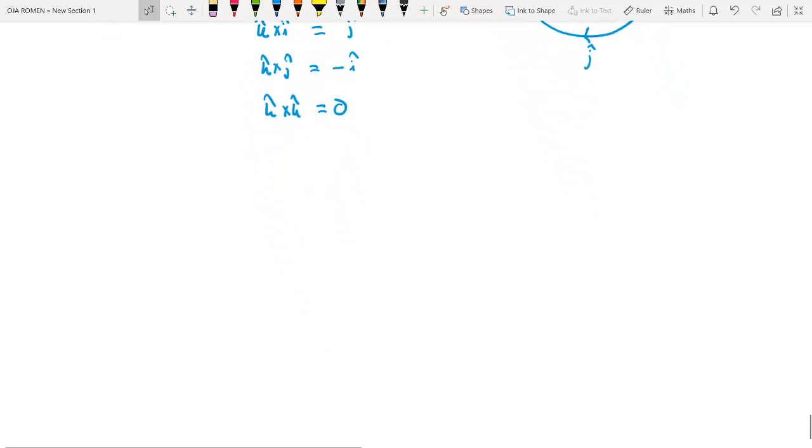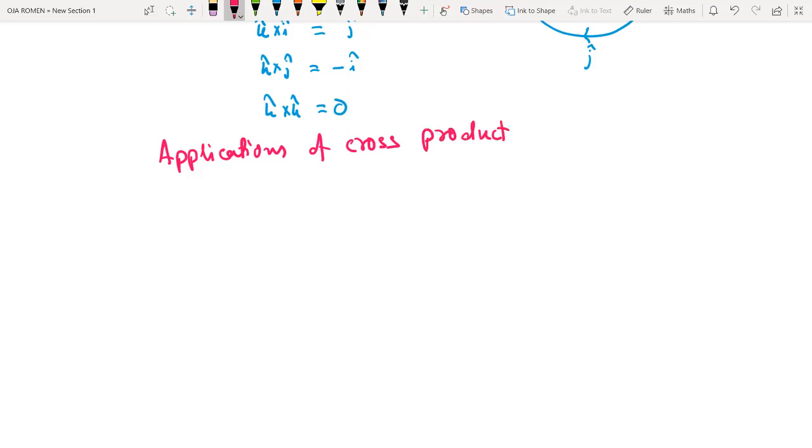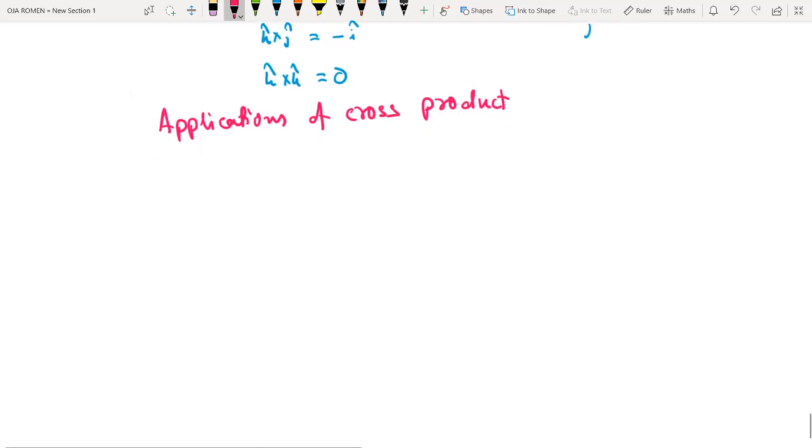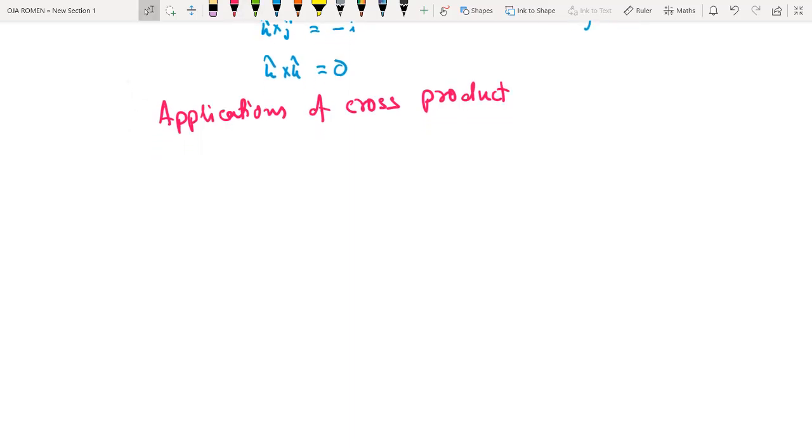Now applications. The applications of cross product. Number 1, angular momentum.